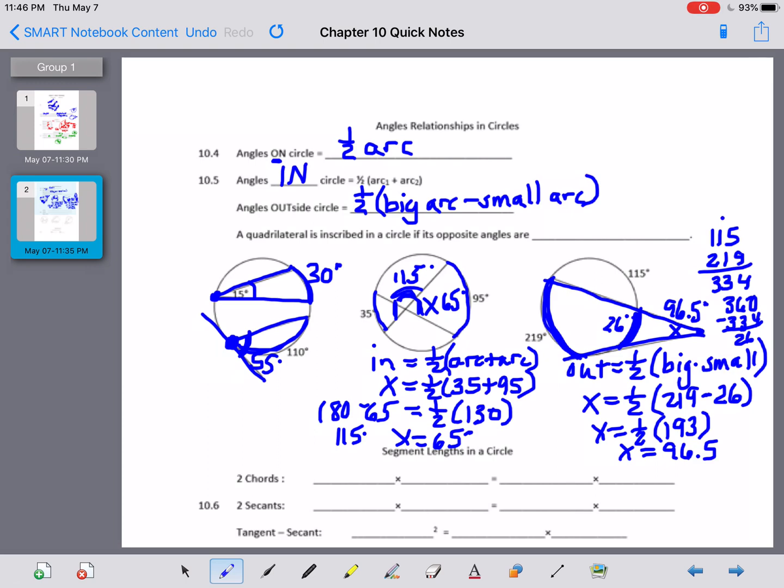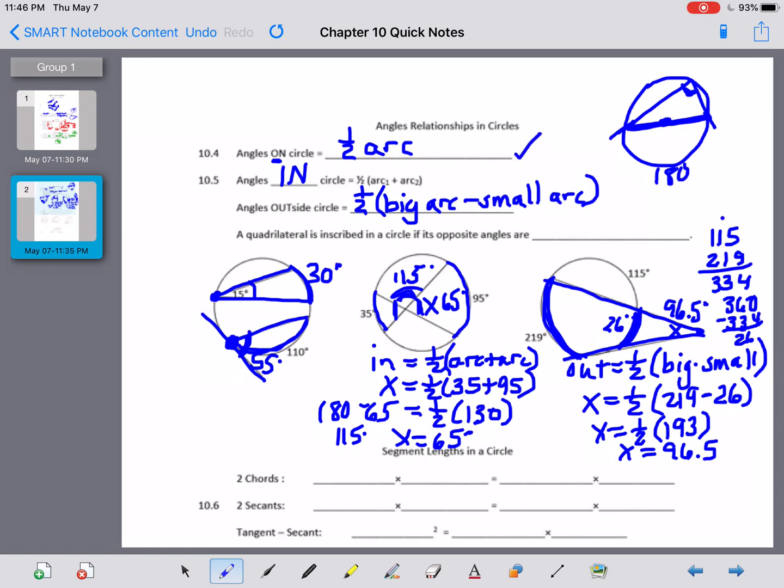Quick one too, just to remind you. If I happen to throw in a diameter and this little triangle in here, there is a rule that if you have a diameter that's part of an inscribed triangle, that makes this 90 degrees, or right angle, right away. So a diameter forms that right triangle. You would also know that this intercepted arc is 180, so half of that is 90, so it fits this rule as well.